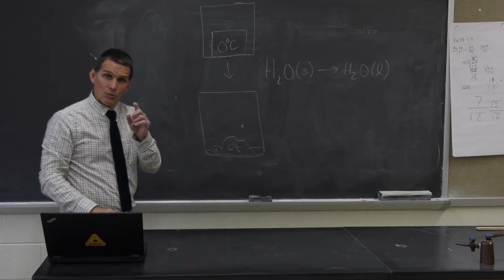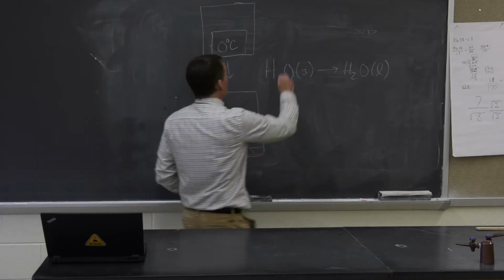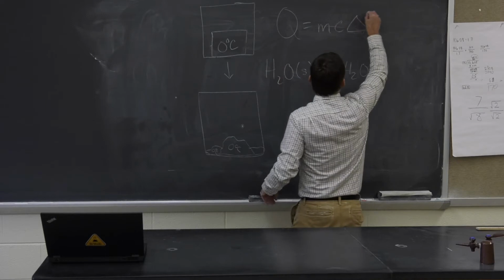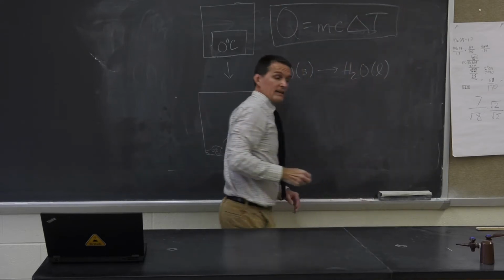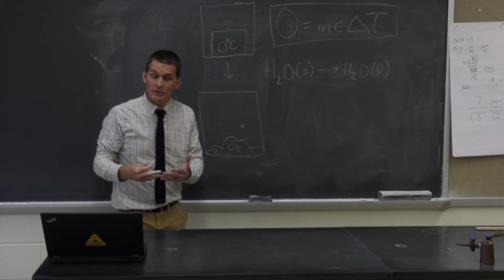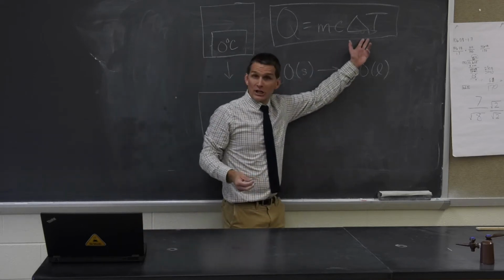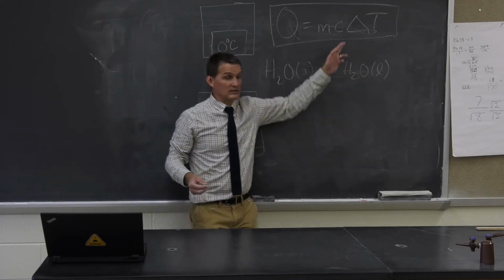And so what this means is for a phase change, we can't use this equation to find the energy changes that occur during a phase change. Why not? Because there's no change in temperature. During any phase change, delta T is 0.